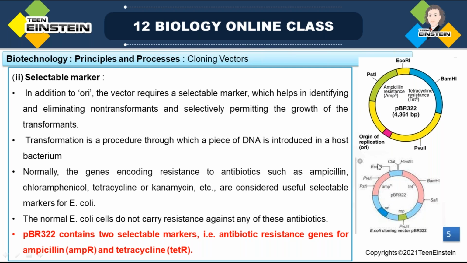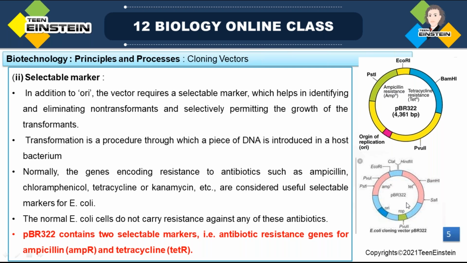We have to learn the structure or the features of pBR322, and it is a question for your board exam mainly, and from this you may get MCQs like the selectable markers which are present in pBR322.